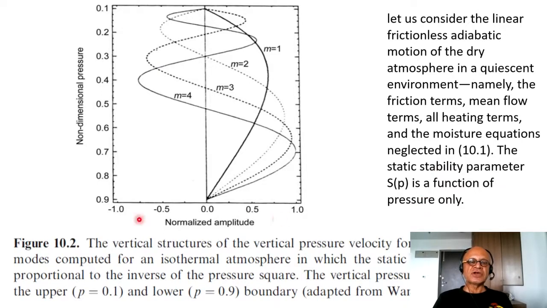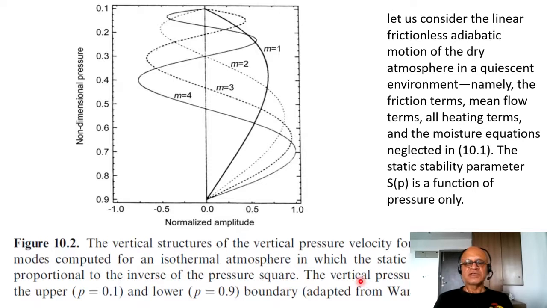So you are here looking at the normalized amplitude, in the non-dimensional pressure coordinate, of the vertical structure of the vertical pressure velocity for the first 4 modes computed for an isothermal atmosphere, in which the static stability parameter is proportional to the inverse of the pressure square, no water vapor.